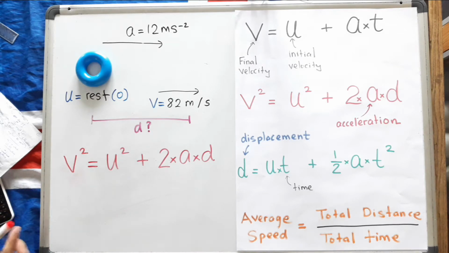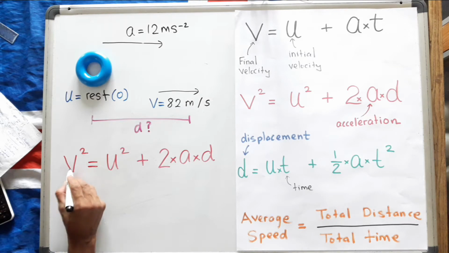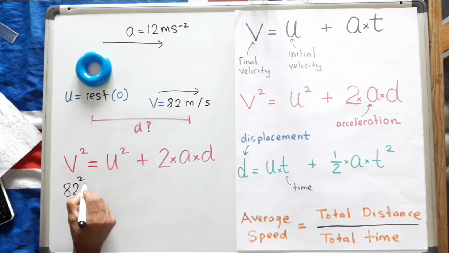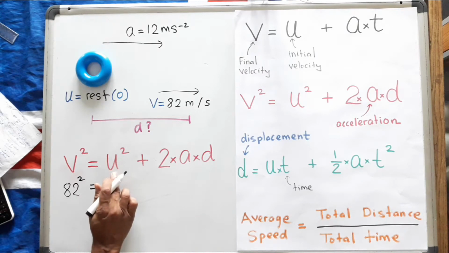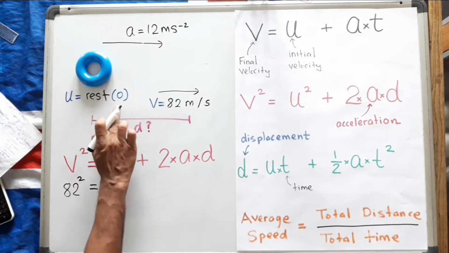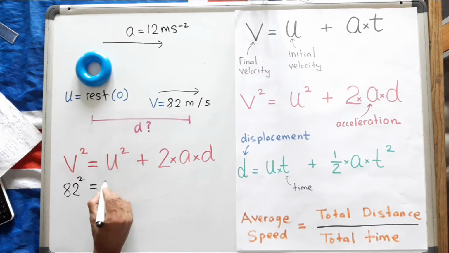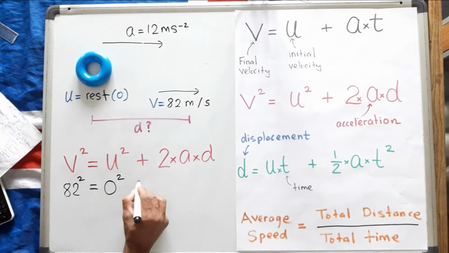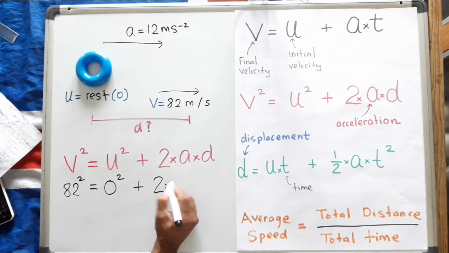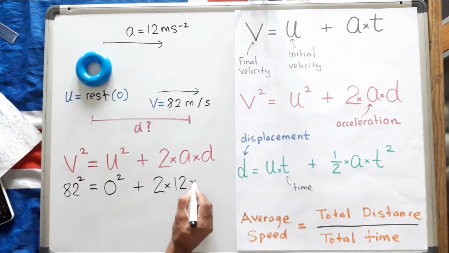Let's plug in what we have so far. The final velocity, which is V, is 82, and we need to square it. The initial velocity or starting velocity, remember it started at rest, so it's 0 squared, plus 2 multiplied by the acceleration caused by the wave, which was 12, and we are trying to find the displacement or distance.